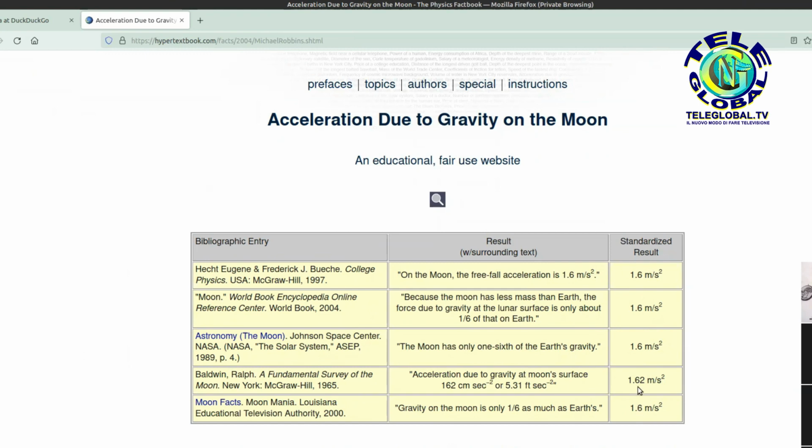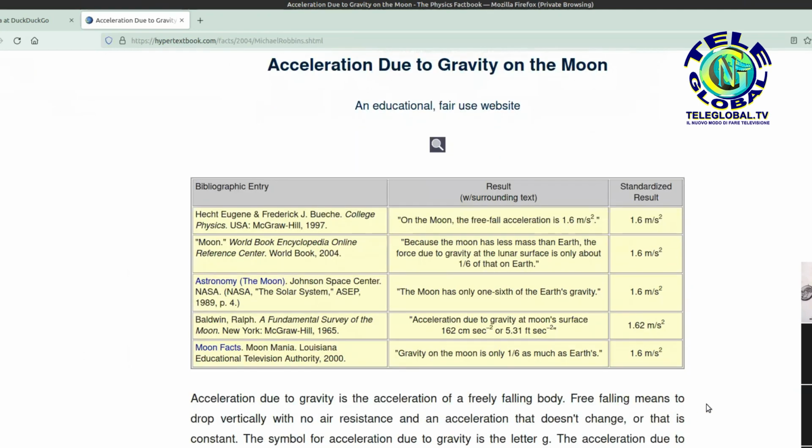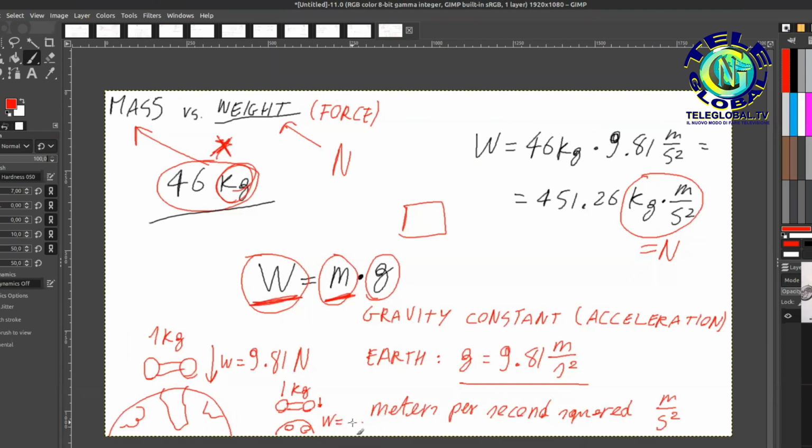I think we can say it's 1.6. So since we have just 1 kilogram of mass, its weight would be 1.6 Newton on the moon. So you see it's much less.